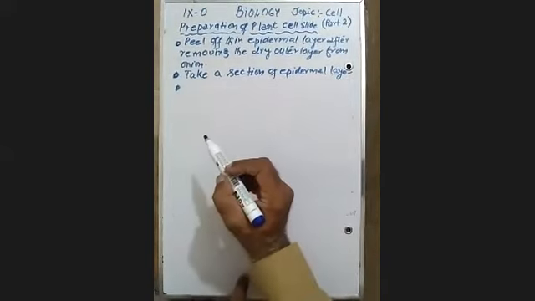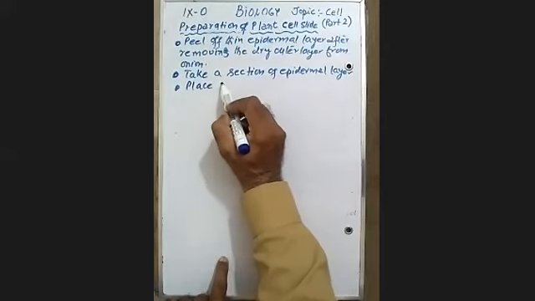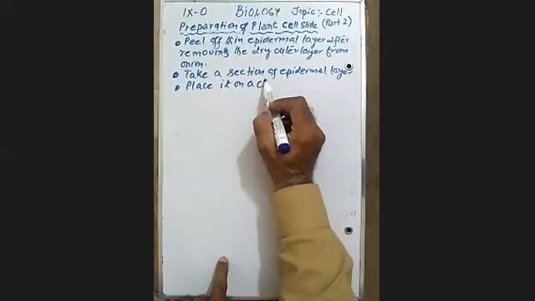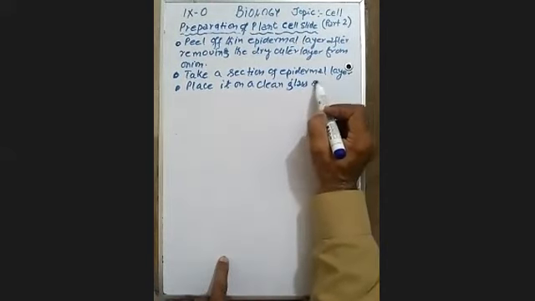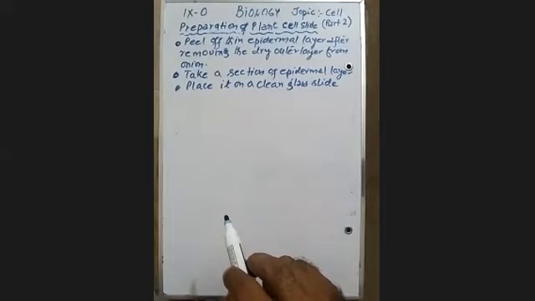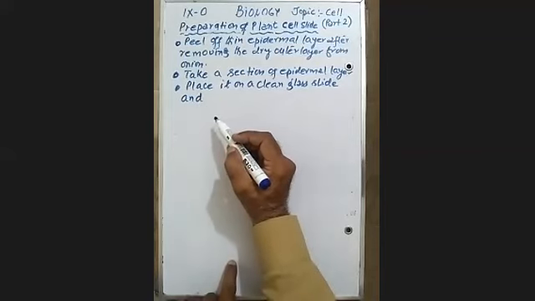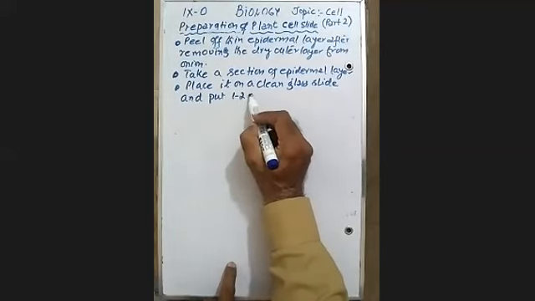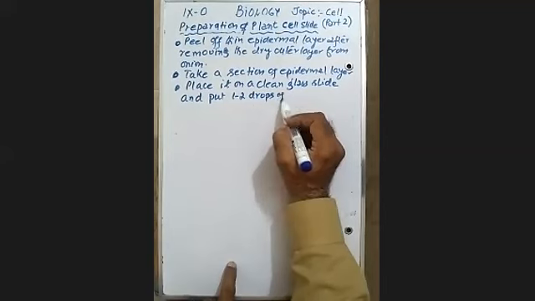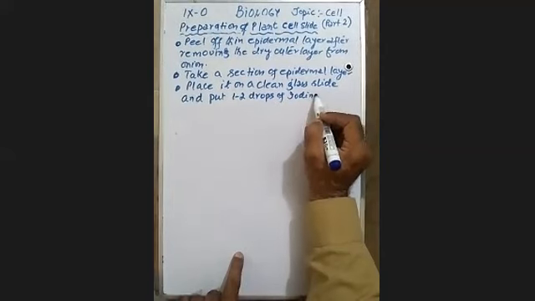Then what do we do? We place it on a clean glass slide. And put 1 to 2 drops of iodine.